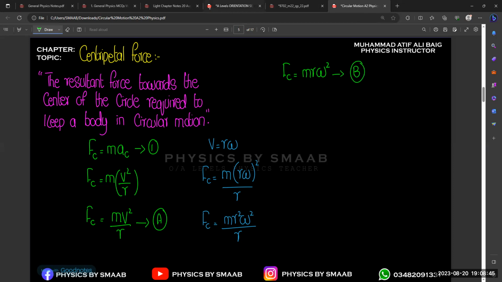This is the second formula that we can derive from the basics of centripetal force and the basic concept of v is equal to r omega, right? Clear? Any confusion?